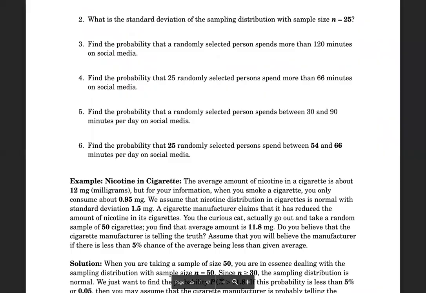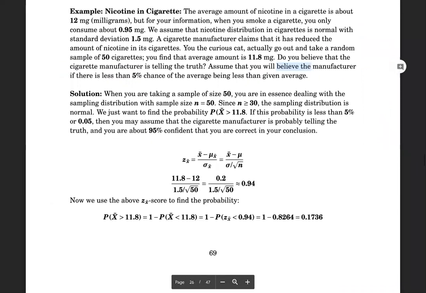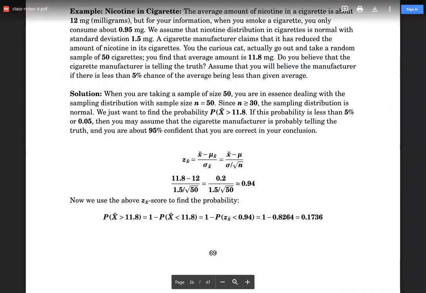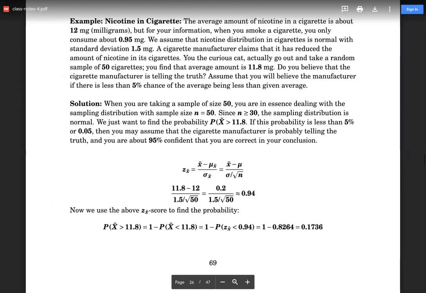All right. One last question that I want to do here, which is this: the nicotine in a cigarette. I did the problem here. I'll go over this, and that will be the last topic from the central limit theorem and sampling distribution.